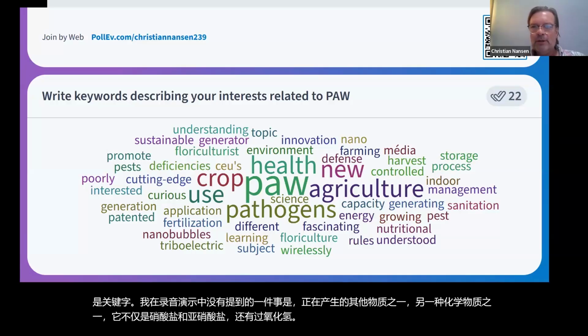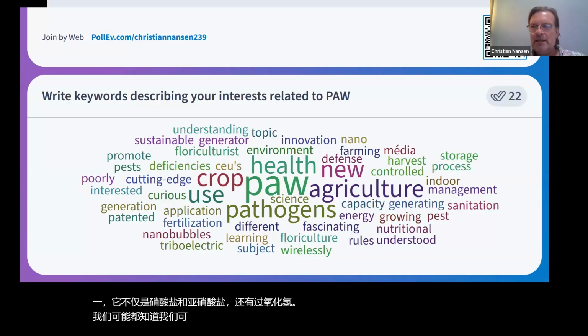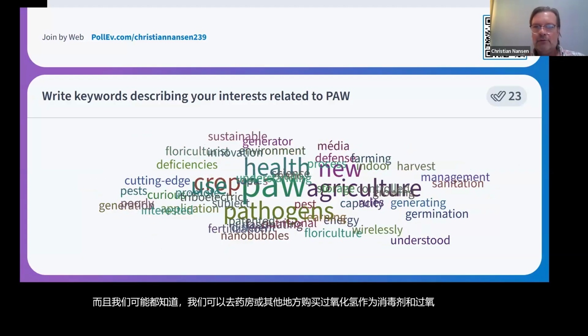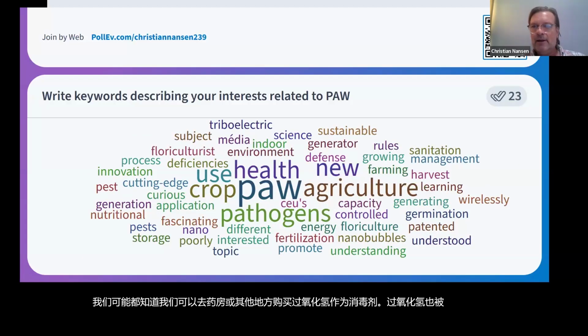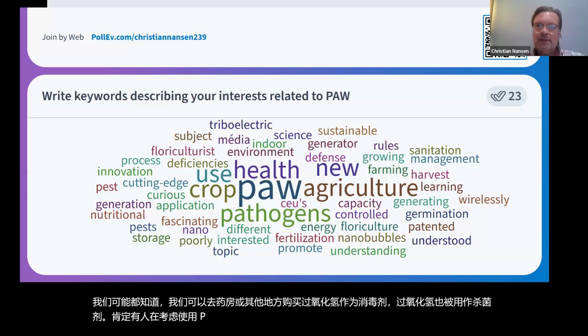And we probably all know that we can go to the pharmacy or elsewhere and buy hydrogen peroxide as a disinfectant. And hydrogen peroxide is also being used as a fungicide. Well, there are definitely people looking into use of PAW as a fungicide. And this has a lot to do with the hydrogen peroxide that is being generated.